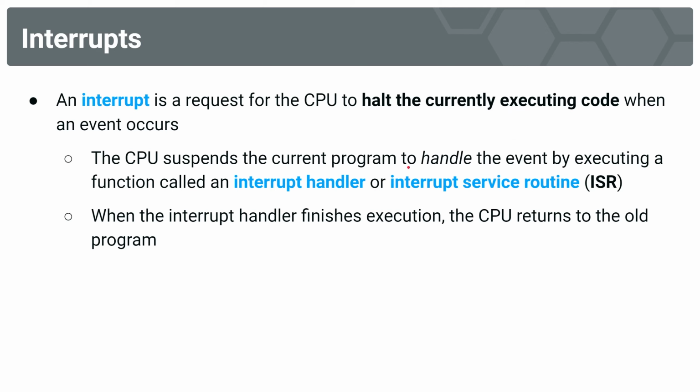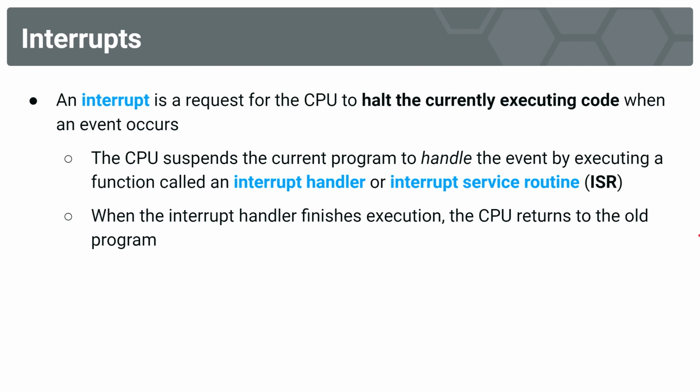And it's going to do so by calling or executing another function called the interrupt handler. See, quite convenient. To handle the event, we're going to call the interrupt handler. It's also known as the interrupt service routine, or ISR. When this interrupt handler finishes execution, the CPU is then going to return to the old program and continue execution.